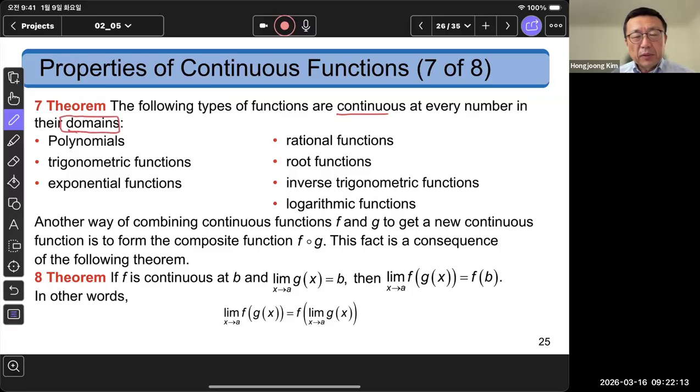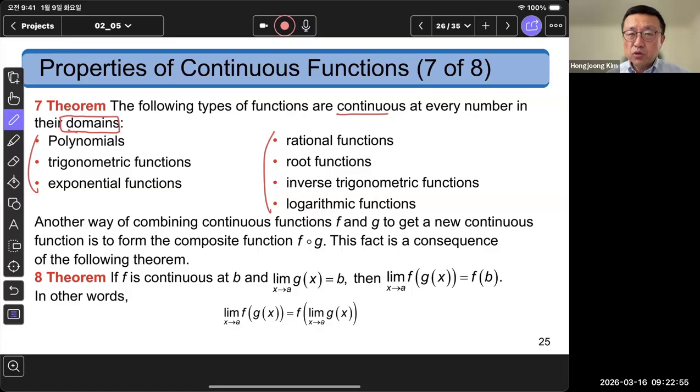I'm not talking about every real number; I'm talking about every point in the domain of these functions. As long as these functions are defined, like logarithmic functions are not defined at zero or negative values of x, right?